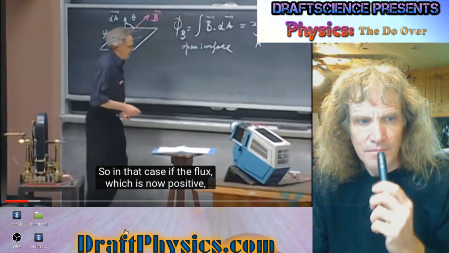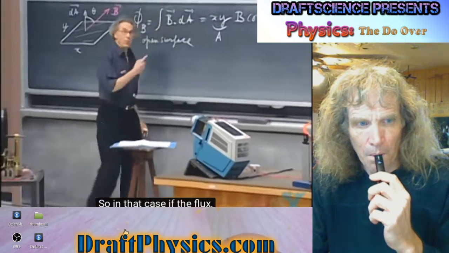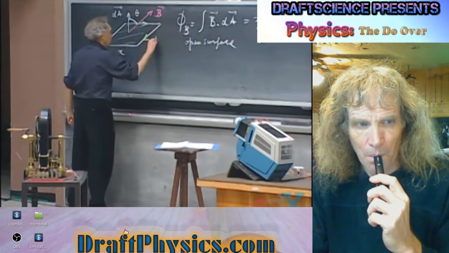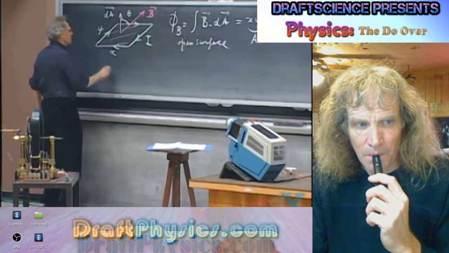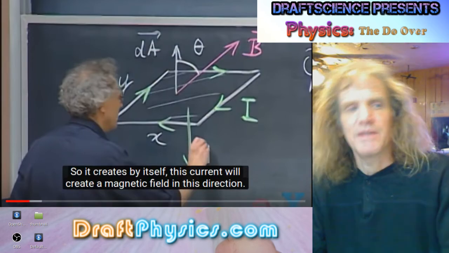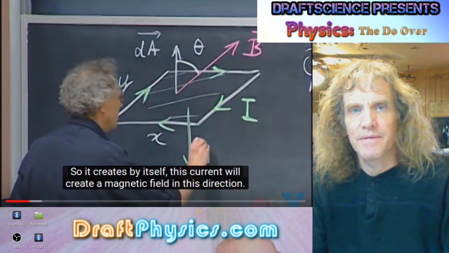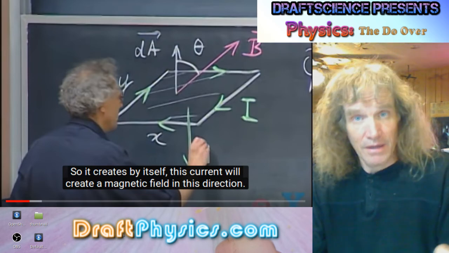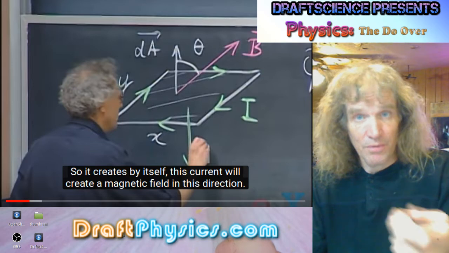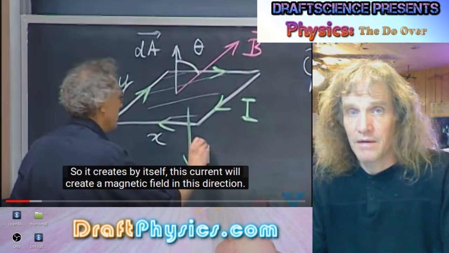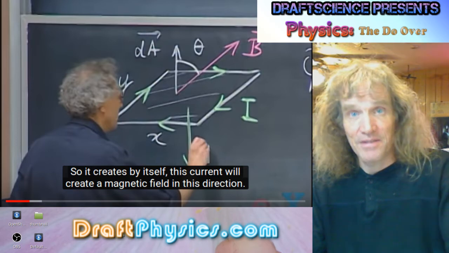So in that case, if the flux, which is now positive, is getting larger positive, then the current that's going to run will be in this direction. So again, this association between current and the effect is reasonable in the sense that current, or electricity, or pushing force through a wire, pressure through a wire, will charge the wire and create a field.